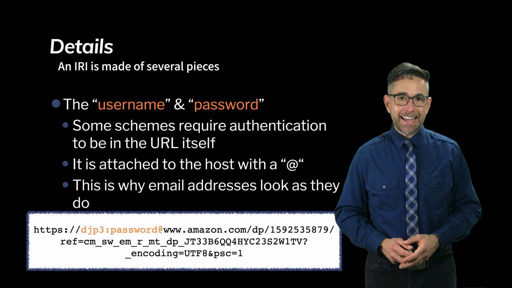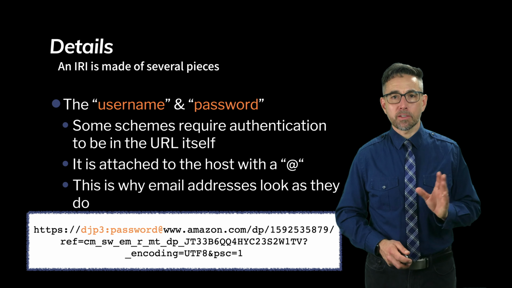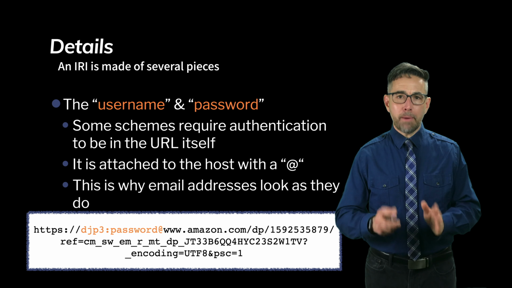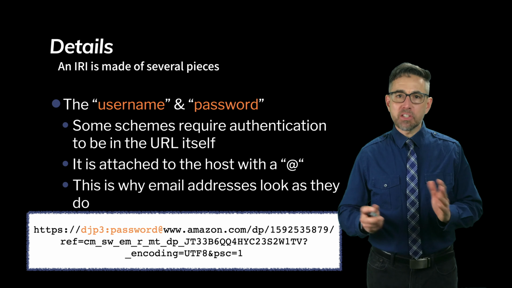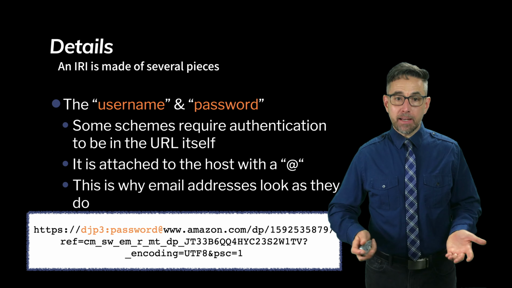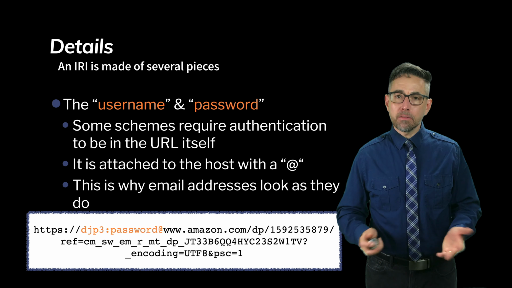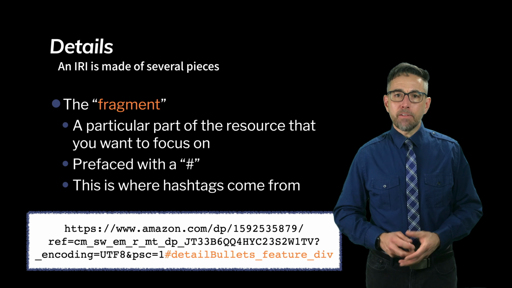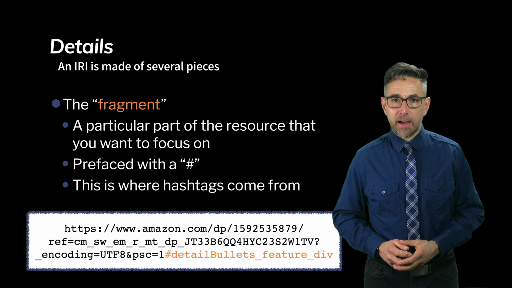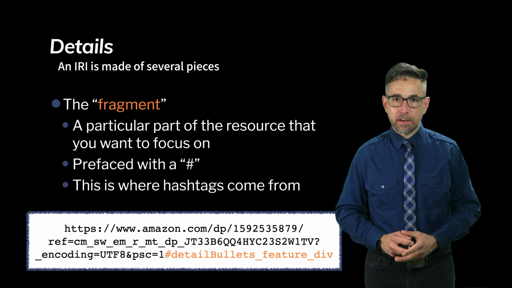In addition to that, I can specify a password with a colon. So this would be username DJP3, then the password, then @, and that information would be sent to the server. This is an aspect of IRIs that is present, and you don't actually encounter it very often, but you will occasionally.